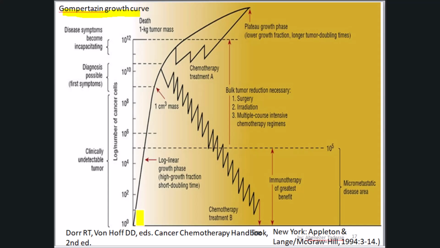As you see here, it starts from here. Initially the cancer cells grow very slowly, and this is a lag time. This is because there is a fight between the cancer cell and the immune system.